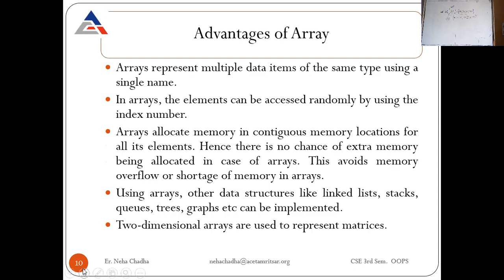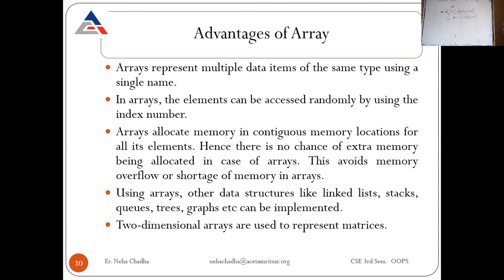Then these are the advantages of an array. Array represents multiple data items of the same type using a single name. That means if you define an array, you define the same type of data. In an array, the elements are accessed randomly by using the index number. Index number means memory location.